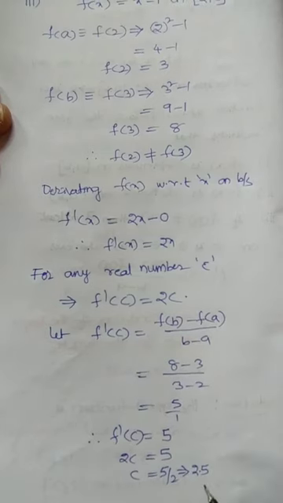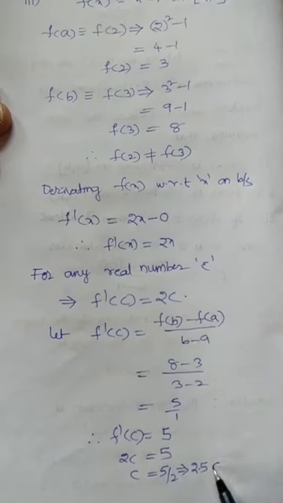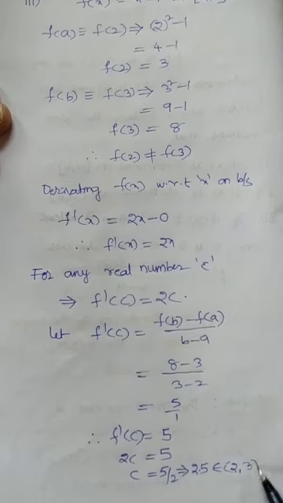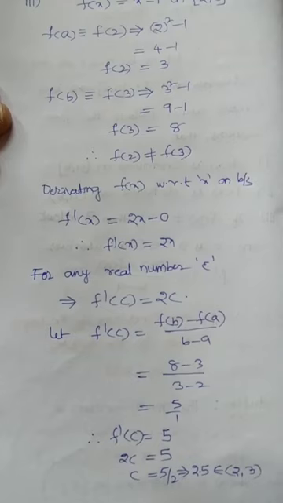Whether this c belongs in between 2 comma 3 or not. So 2.5 always lies in between 2 comma 3. Isn't it? So therefore our c is within the rules of Lagrange's theorem.